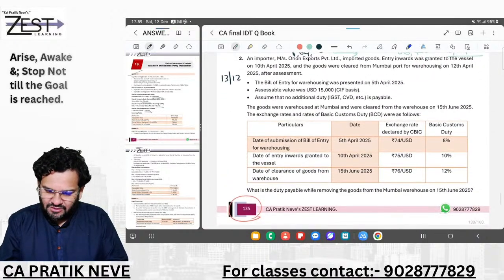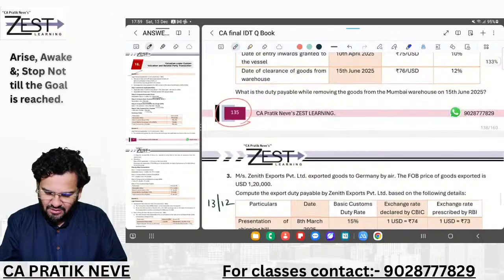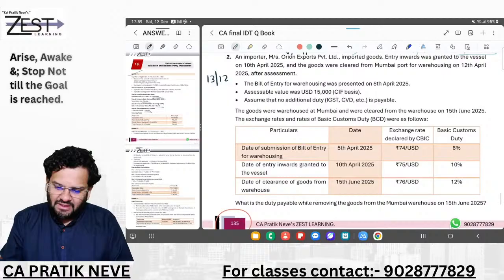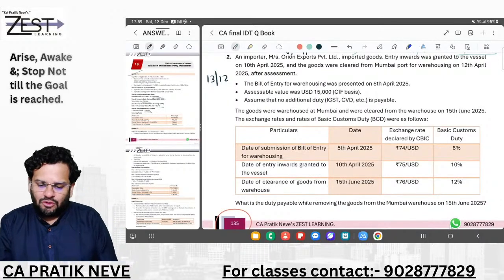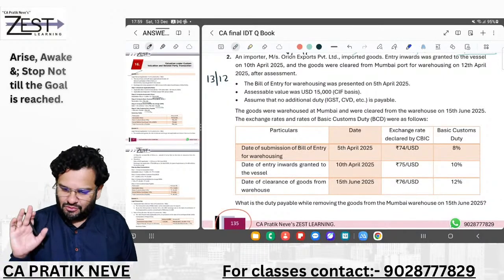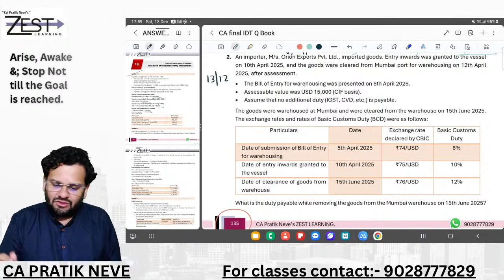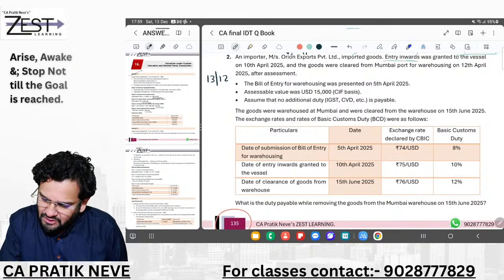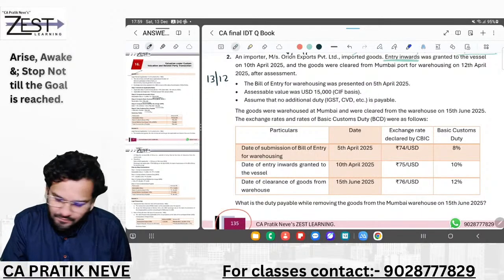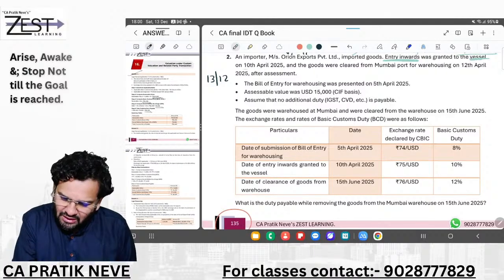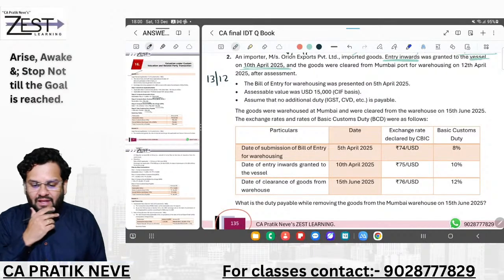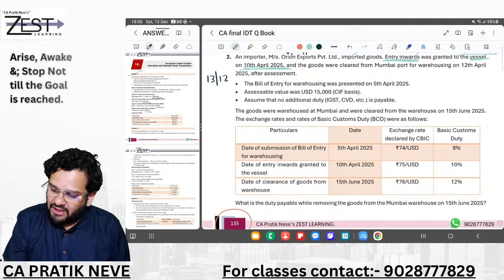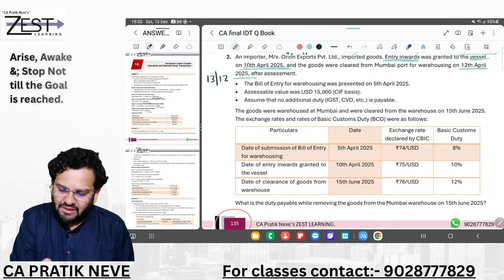Now comes one question. See this. Importer Messrs. Orion Exports Private Limited imported goods. Entry inwards was granted to the vessel on 10th April 25. So entry inwards of vessel is on 10th April 25, and the goods were cleared from Mumbai port for warehousing on 12th April.